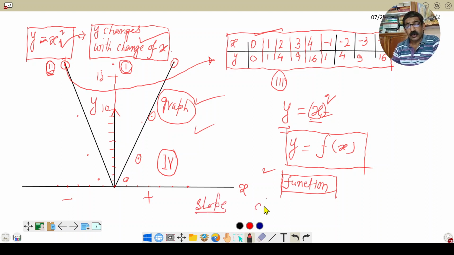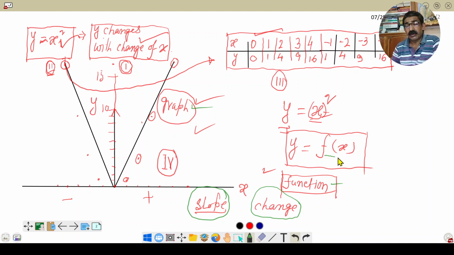Slope or change, particularly these two topics will be discussed in next video. So far I have tried to make you understand about the function and the graph of a function. So a very crude idea. This is the idea of function.